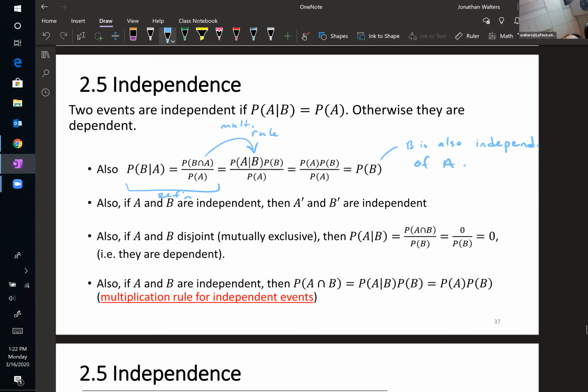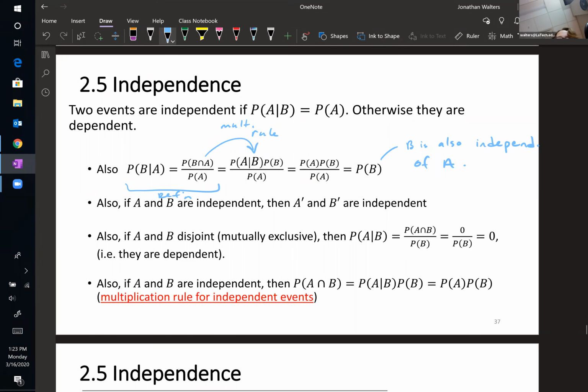The complements would also be independent since the original events are independent. We're not going to go through any proof there. If A and B are disjoint, then probability of A intersect B would be 0. Probability of A given B, though, would also be 0, because A intersect B would be the empty set, because they're disjoint. So they would then be dependent, assuming that A and B are not the empty sets themselves.